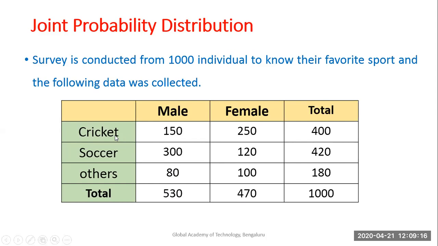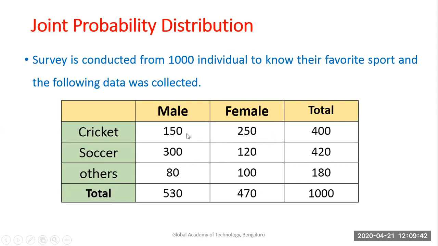Their favorite sports are cricket, soccer, and other games. It is observed that 150 males and 250 females like cricket. Similarly, 300 males and 120 females have soccer as their favorite sport. 80 males and 100 females have other sports as their favorite.